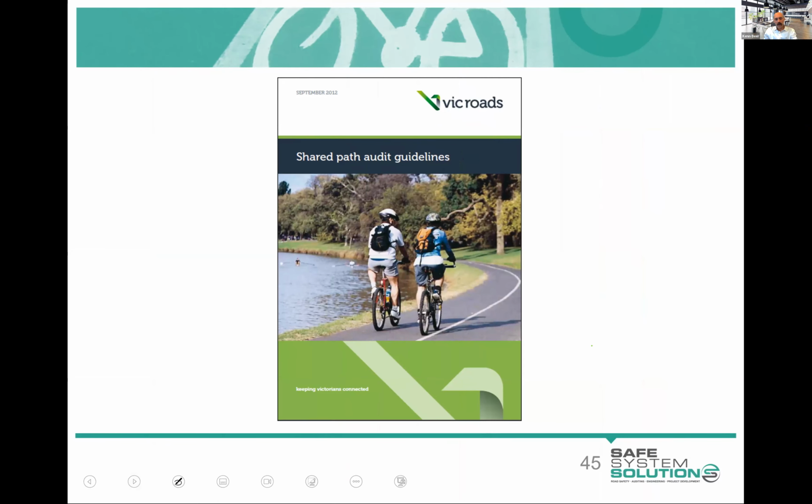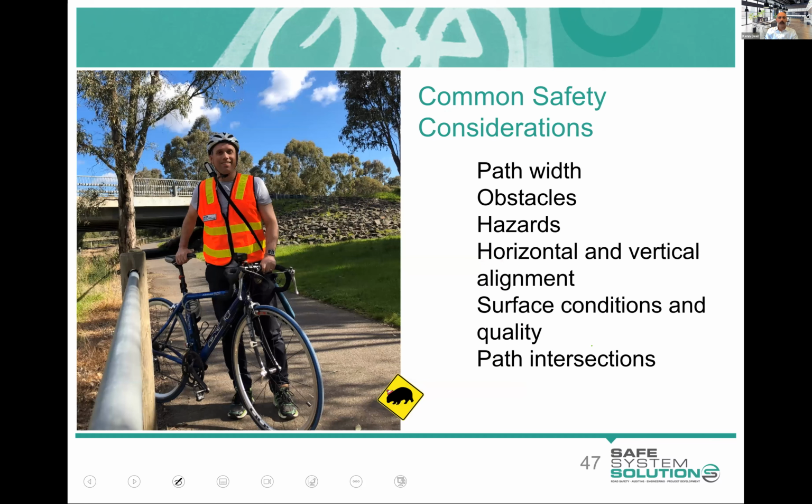Okay, just a quick few things on shared paths before we take our break. I'll point you at that document again, but when you're doing an audit of a shared path facility or a cycle facility, you're going to get out there and ride it.